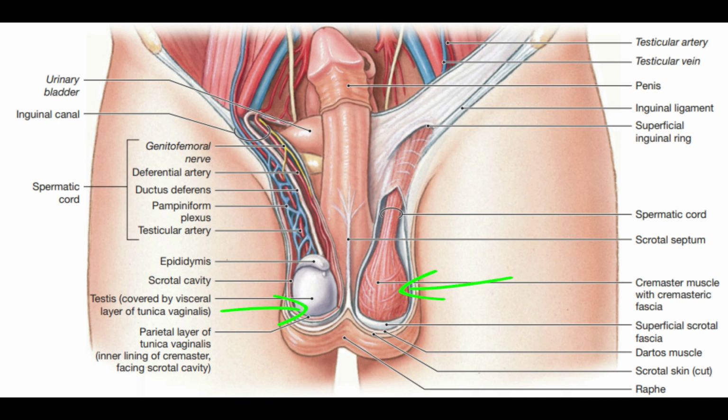The testes are suspended in the scrotal sac where they hang one on either side of the penis, and one often hangs lower than the other, and this is a very normal finding. The temperature within the scrotum is about 96 degrees Fahrenheit, which is slightly lower than body temperature, and this is necessary for the production of viable sperm.